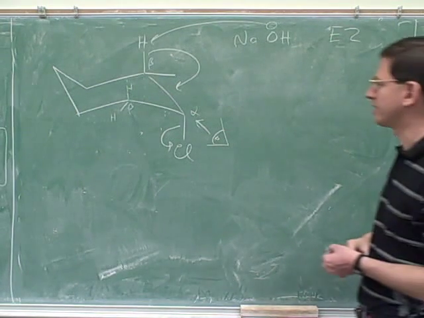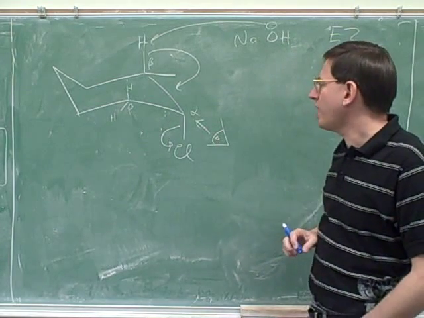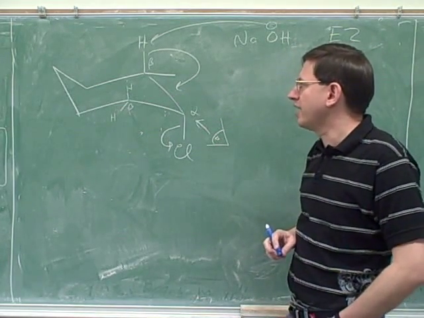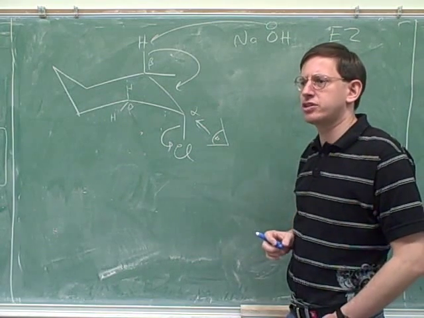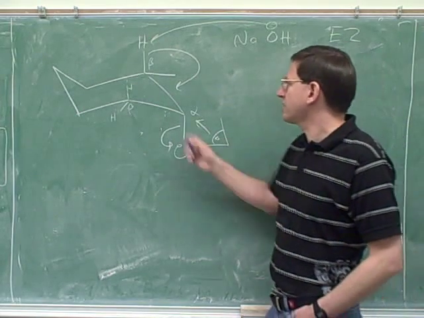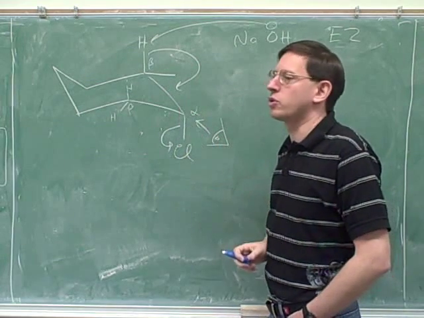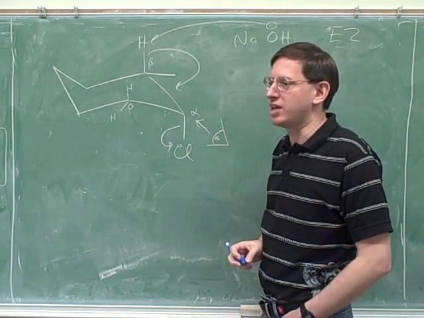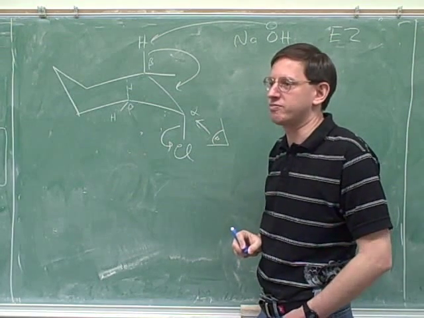Okay. Let's make some more comments about this. One thing you can see here is the only way the leaving group can ever be anti to the beta hydrogen is if they're both axial. Are you familiar with those terms, axial and equatorial, for cyclohexane? The reason that these can be anti is that they're both axial. If you think about it, there's no way that two things that are equatorial can be anti to each other, because anti means pointing in exactly opposite directions from each other.